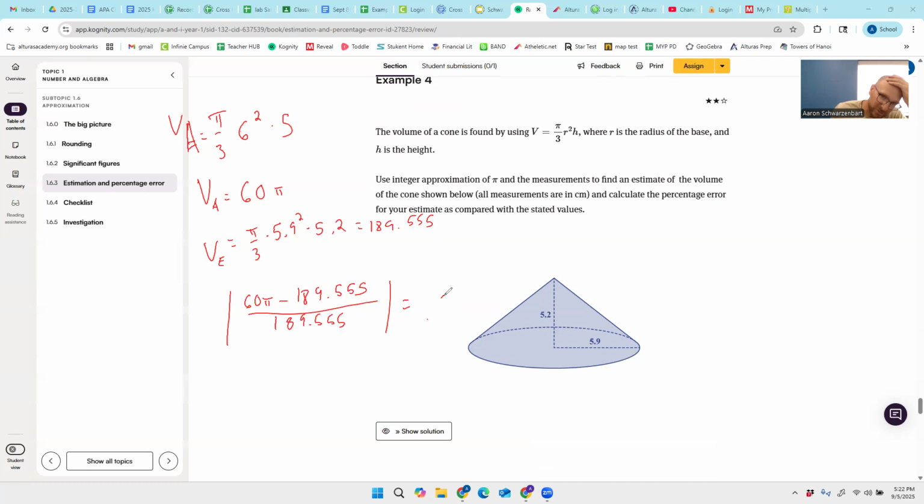I didn't put in an absolute value. I get a negative. I didn't use the absolute value thing on the calculator. I'm just absolute valuing it when I see it. So again, 0.559%. My estimate actually turns out to be pretty good. I think they gave you values in these that turn out to be really nice estimates. Okay, so that's estimating and percent error.